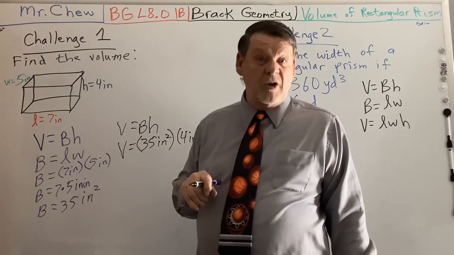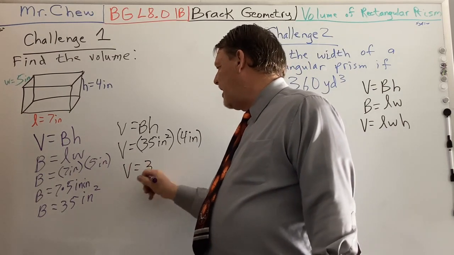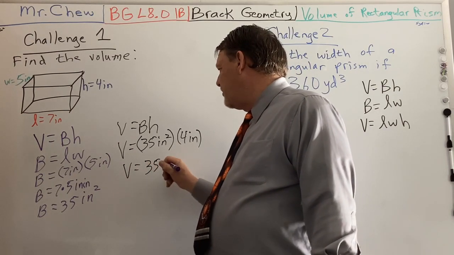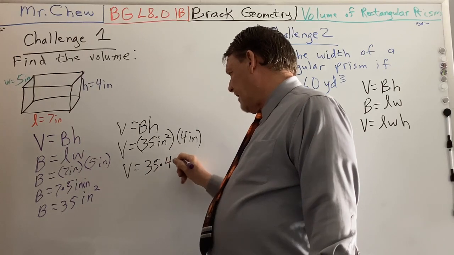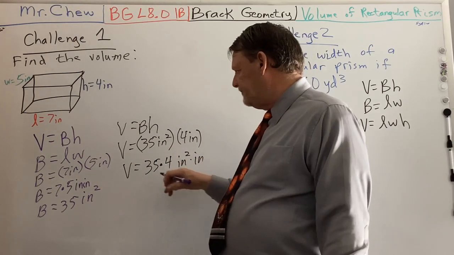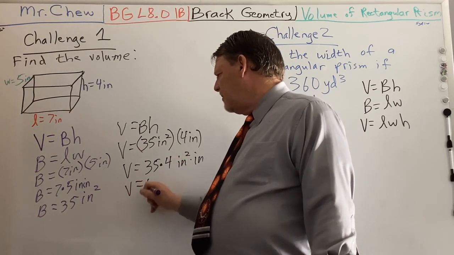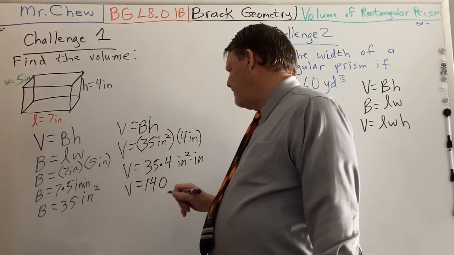Now I use the commutative property of multiplication again, which says that I can reorder these so that the numbers can be multiplied and the two dimensions can be multiplied. Well, 35 times 4 is 140.